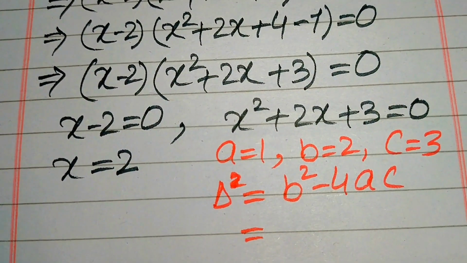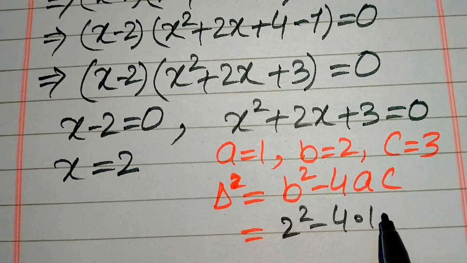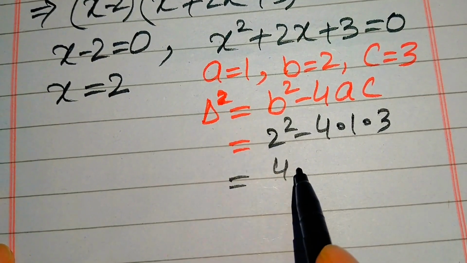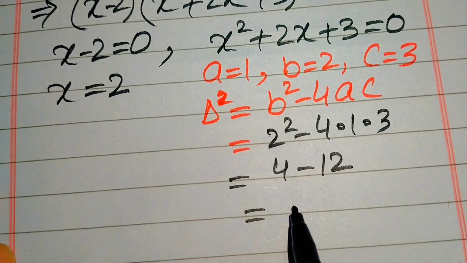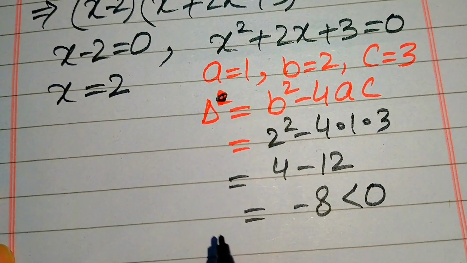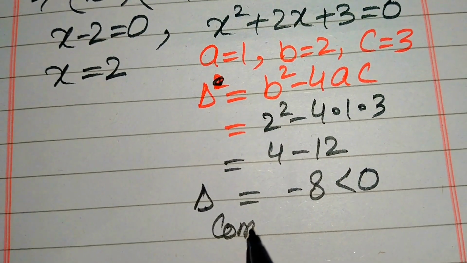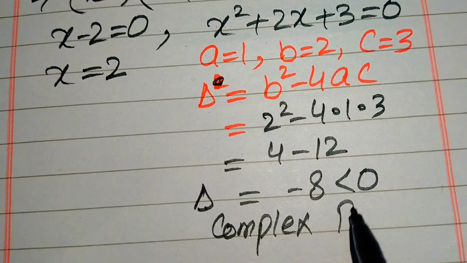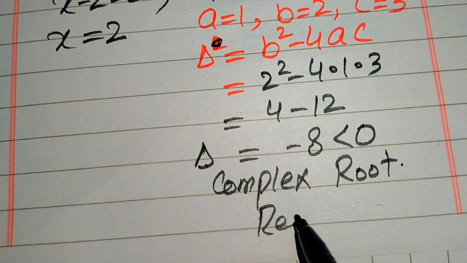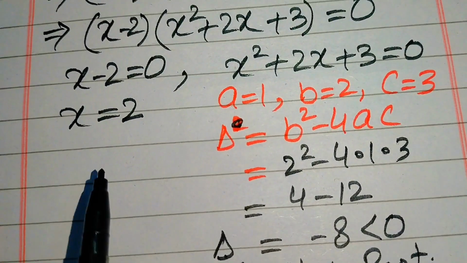The value of b in this case is 2. We get 2 squared minus 4 times a, which is 1, and c, which is 3. So we have 4 minus 12, which becomes minus 8, and you see that this is clearly less than 0. If our delta is less than 0, this means that this quadratic equation has complex roots. If this has complex roots but we need only real roots, we reject this case and proceed with the first case only.